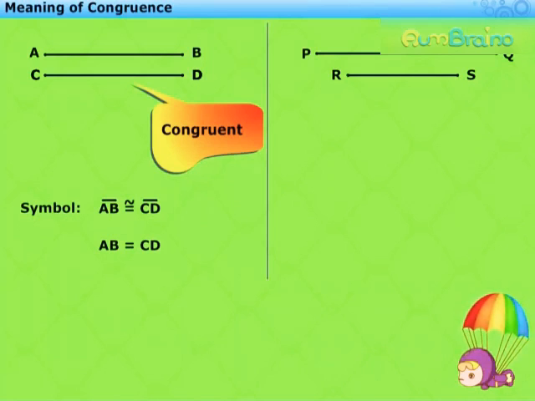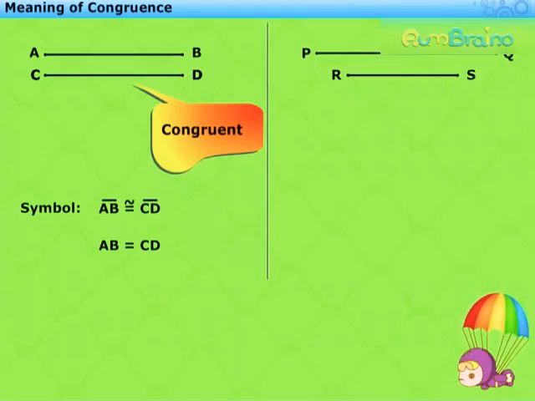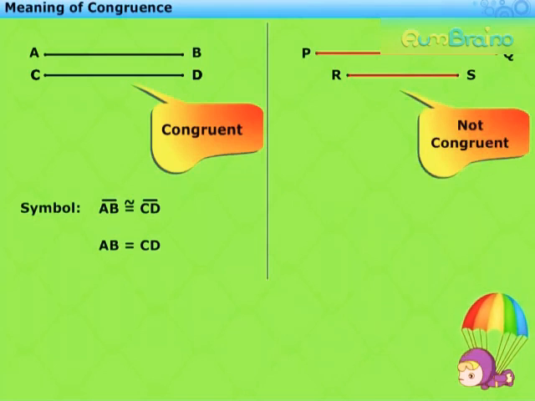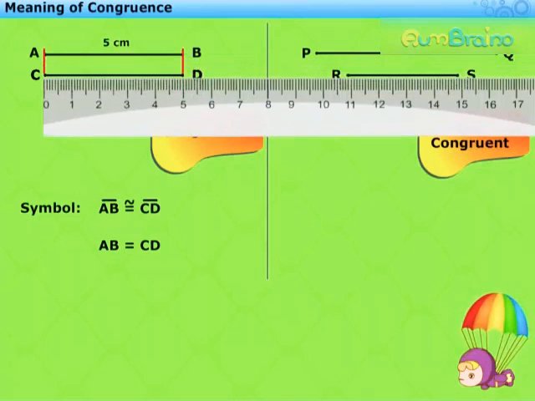Now consider the second pair. Repeat the same activity. Here, we observe that line segment PQ and line segment RS do not coincide. Hence, line segment PQ and line segment RS are not congruent to each other. Now let us measure the lengths of line segments AB and CD.